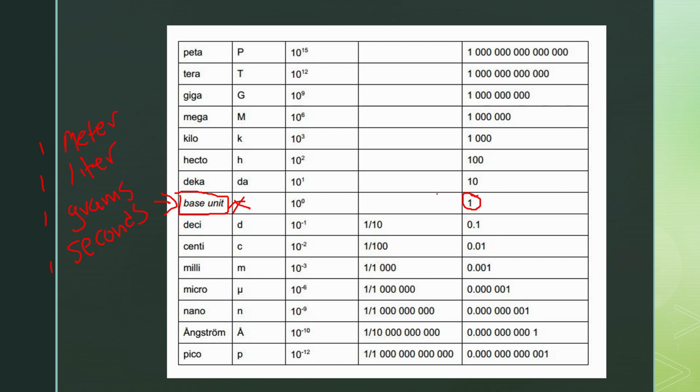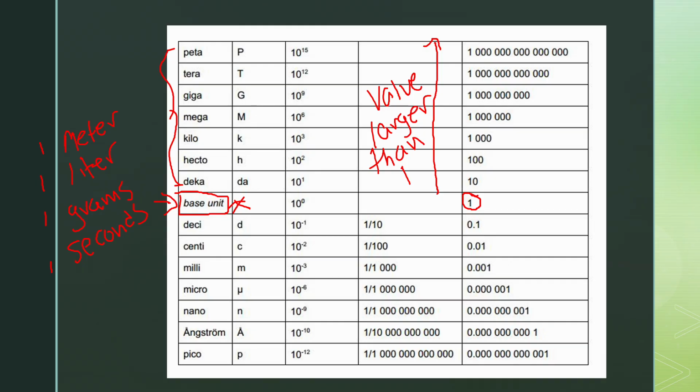And then any prefix above the base unit has a value larger than 1. So these prefixes over here are representing big amounts, much larger than 1.